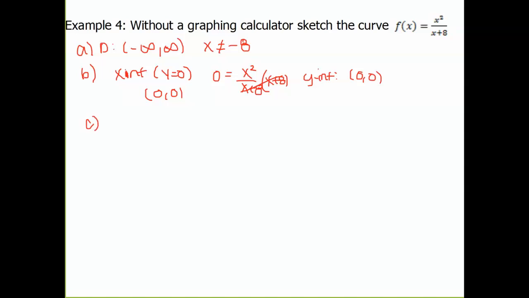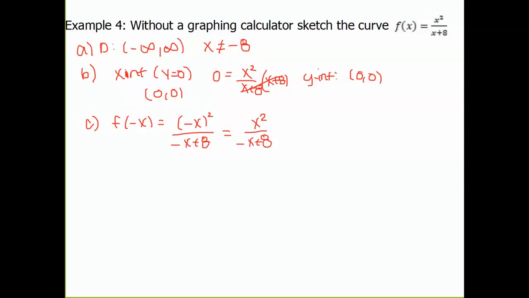Then we like to talk about vertical asymptotes and even, odd, or neither. So if you go back, we have f of -x getting plugged in. So I can't factor out a negative.